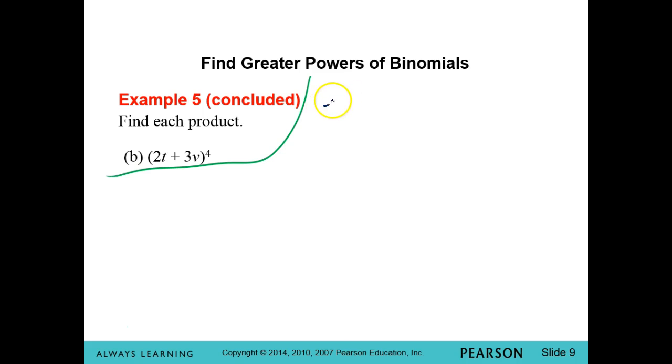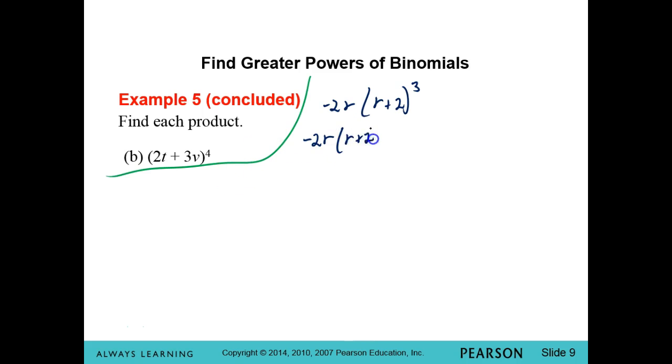Negative 2r times r plus 2 cubed. How are we going to do that? Okay. Let's first just write down the negative 2r. Don't forget about it. And then what?